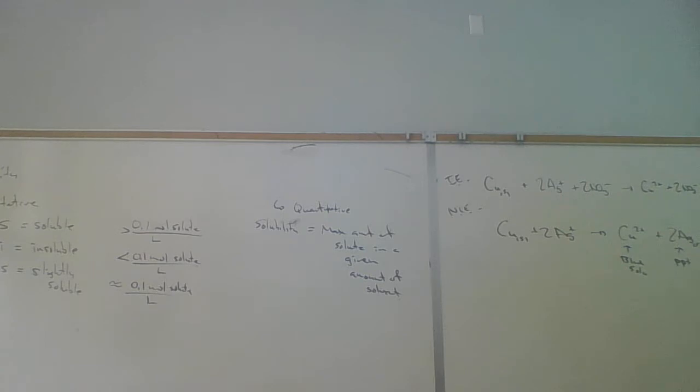And so two ways of talking. Just because something's soluble, we don't know to what extent. So we said silver nitrate's soluble. Well, is silver nitrate going to have that same solubility? So let's take a look at AgNO3, and then take a look at its solubility here. Yes, it is soluble.